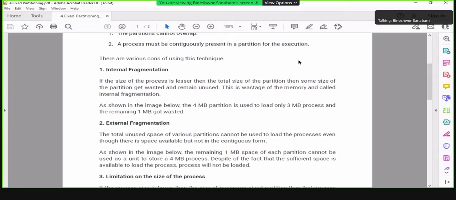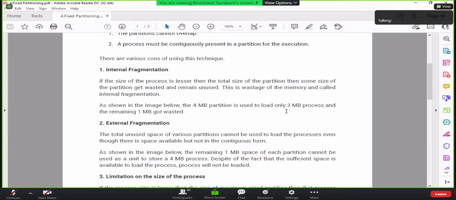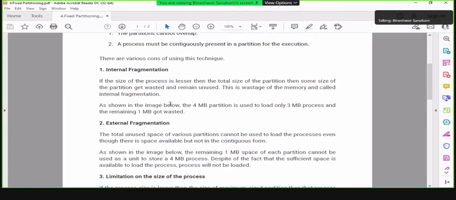So if we partition the storage as, for example, 4 MB, and we use only 3 MB, then there is a wastage of 1 MB in that partition. This scenario is what we call internal fragmentation.